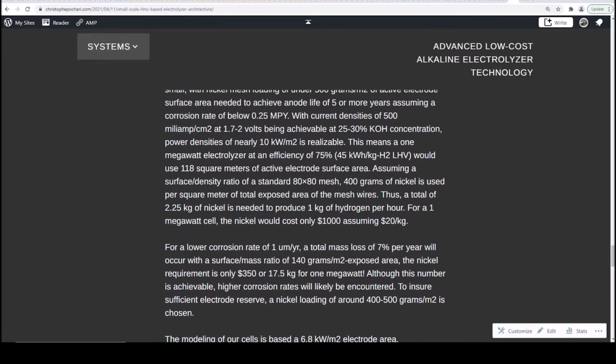So it really all depends on what the person who uses the system is aiming for. If they're aiming for a high output, they just want to produce a lot of hydrogen in a compact package, then you'd want high cell loading, which is good. You can use less material, but you sacrifice efficiency.